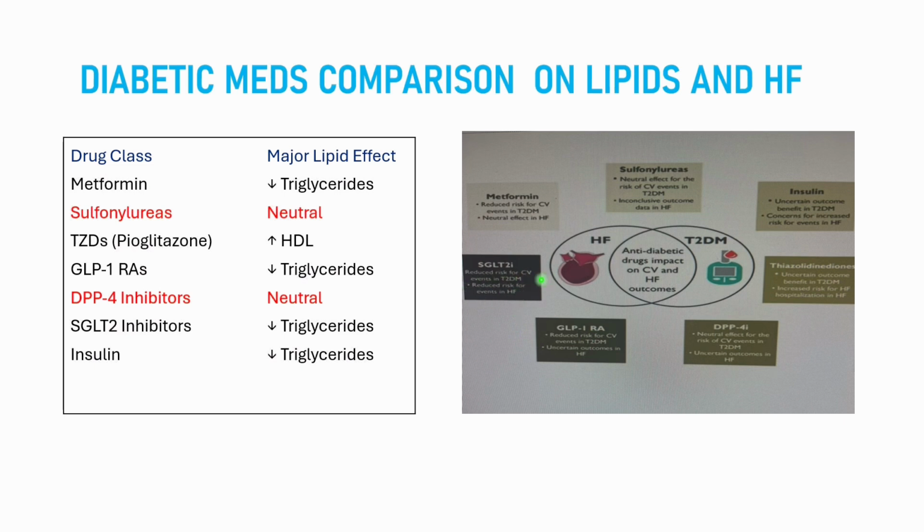So the sulfonylureas and DPP4 are neutral regarding cardiovascular events and heart failure. Insulin can cause increased risk of heart failure, and thiazolidinediones we already discussed, there is increased risk of heart failure.